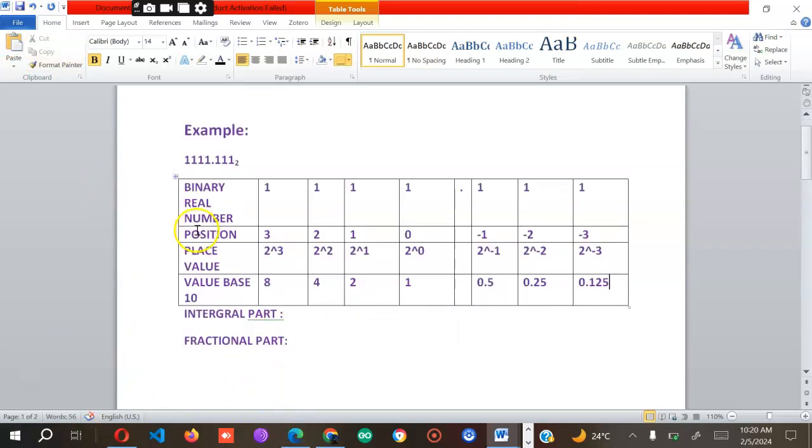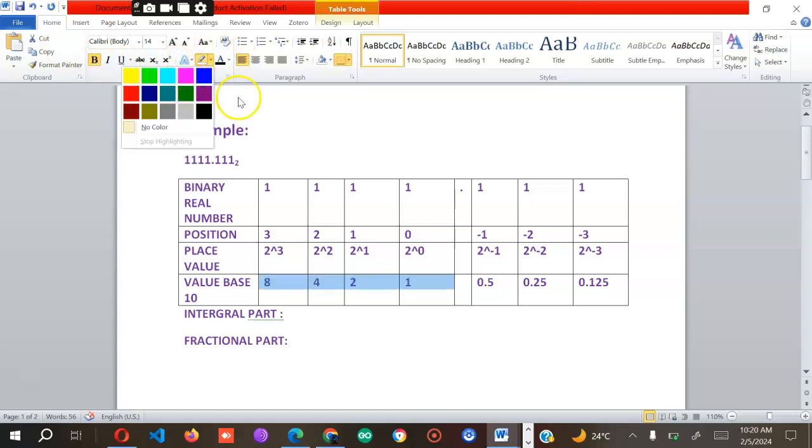As you look at the example, we have two parts. We have the integral part, that is from the point towards the left, then we have the fractional part, that is from the point towards the right-hand side. Let me try to differentiate it.